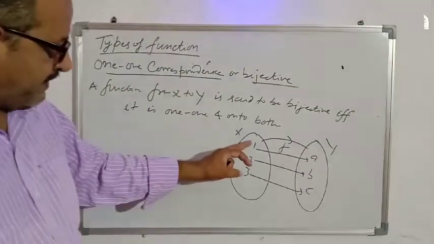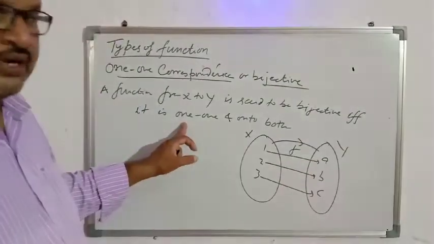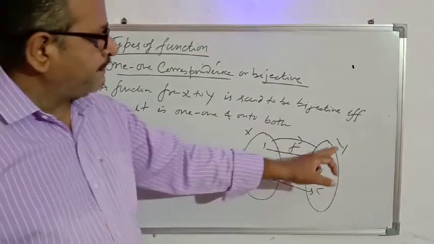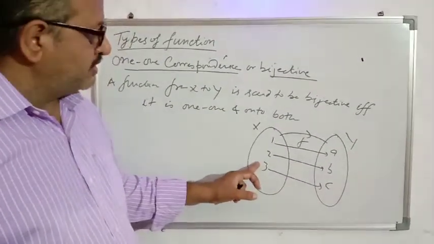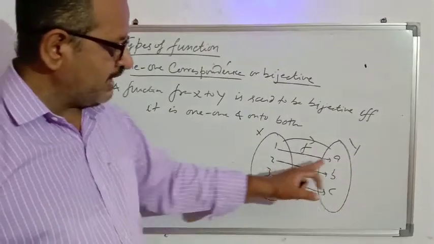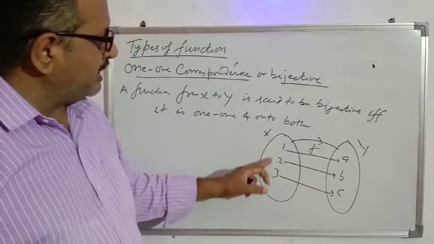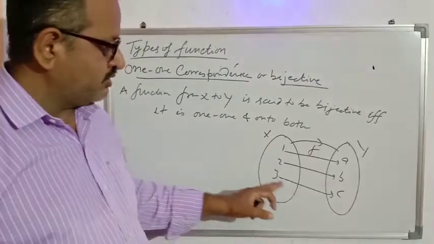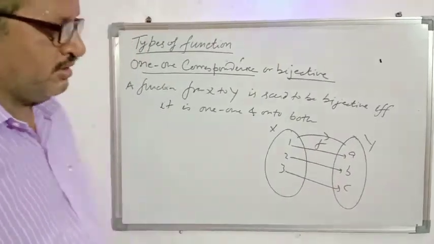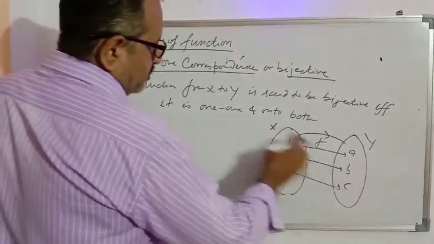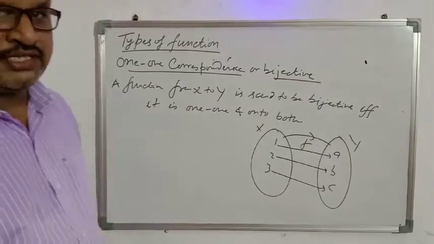So we see that different elements of X have different image in Y. So it is 1-1. And no element in set Y is not the image of the elements of set X. Means every element of set Y is image of some elements in the set X. So it is onto. No element is left in the set Y. So it is 1-1 and onto both. Then it is called 1-1 correspondence or bijective function.